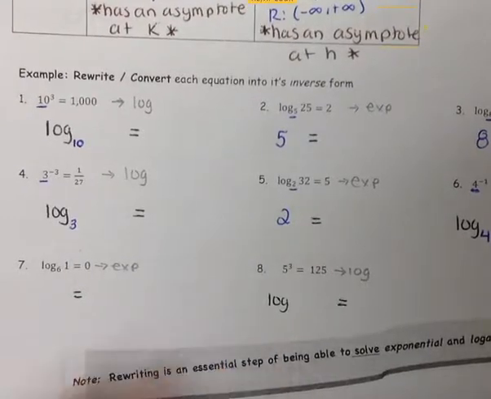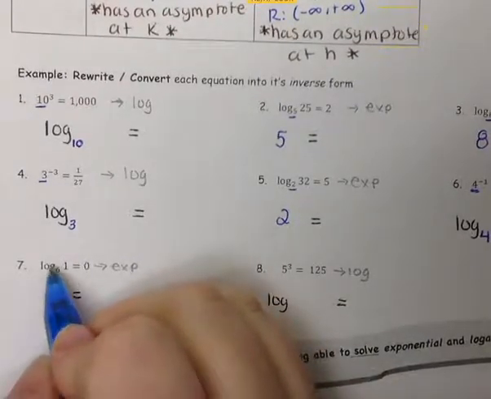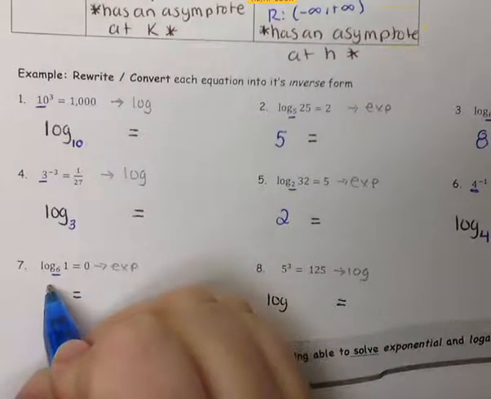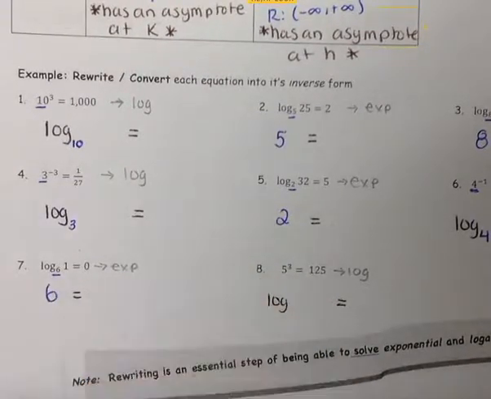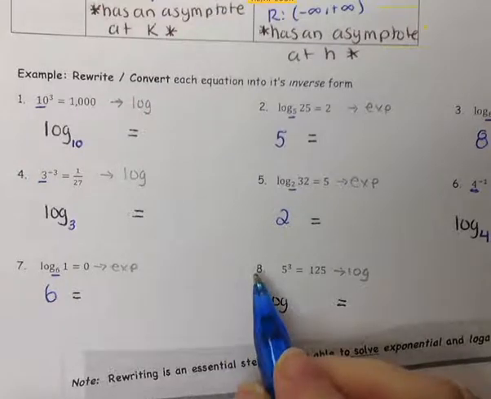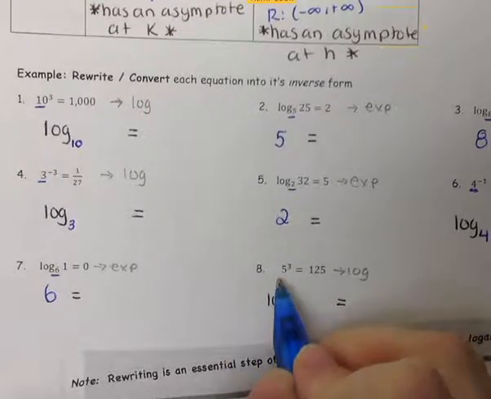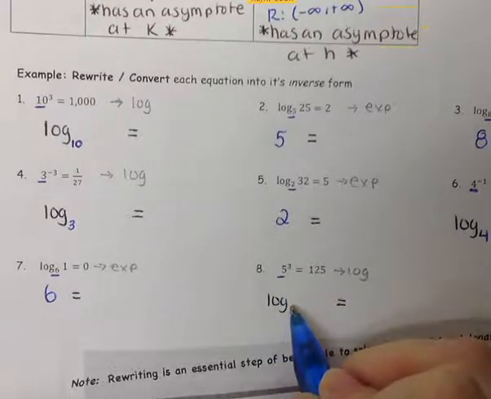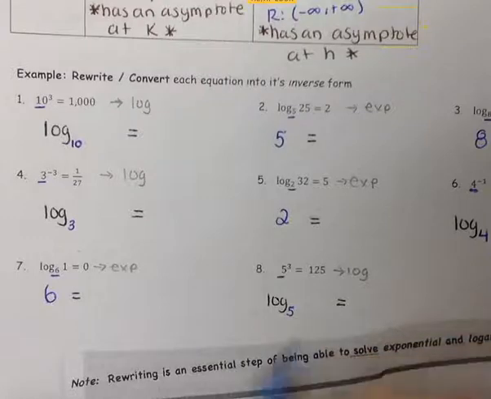On number 7, the base is the 6. It turns into an exponential, so it's going to be a normal size 6 because we're going to put an exponent. For number 8, the base is 5 because it's holding up the exponent. For a logarithm, your base becomes log base 5, so it's a little 5 underneath the log. So we actually have all of our bases written out.